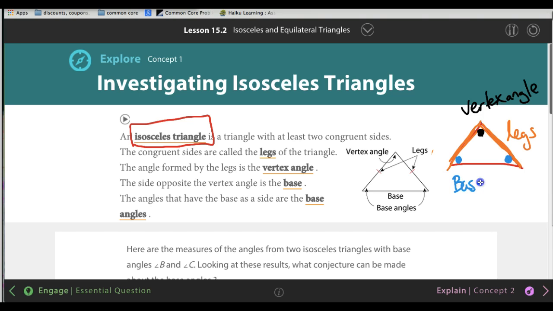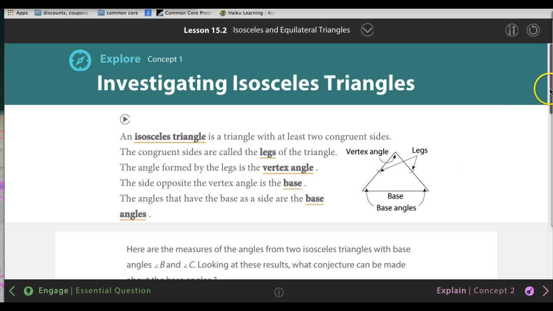They are called base angles. Oh, look, the textbook already has it, okay? So nothing new. We're just trying to remind you what an isosceles triangle is, okay? What's the leg, vertex angle, base angles? This is the base, and the red line is the base, and then the blue dots, those two angles will be the base angles.